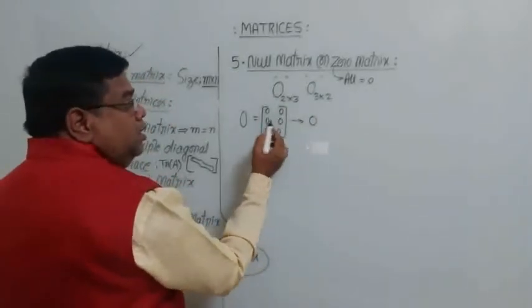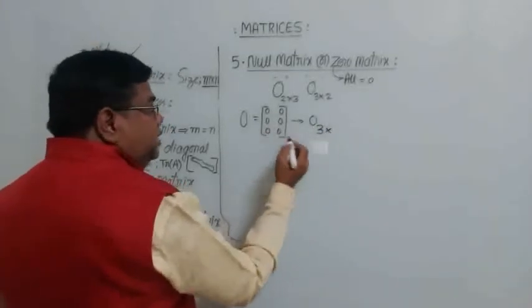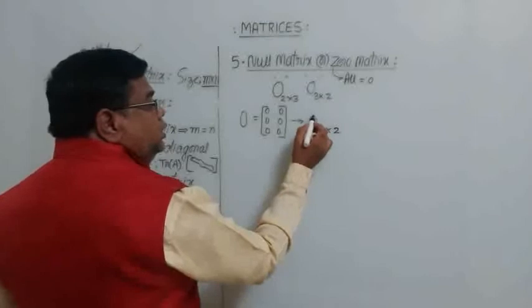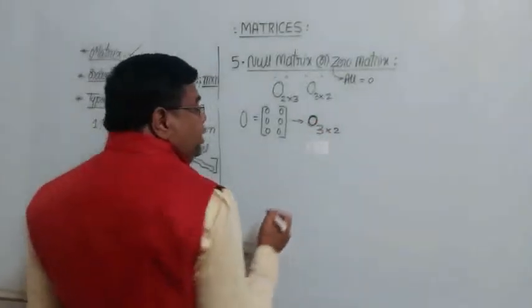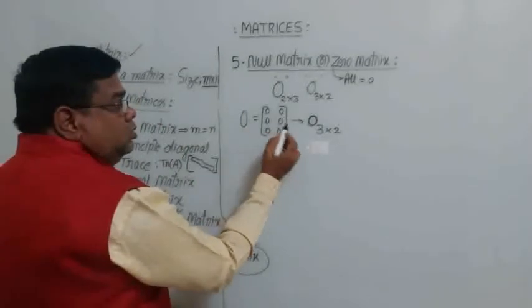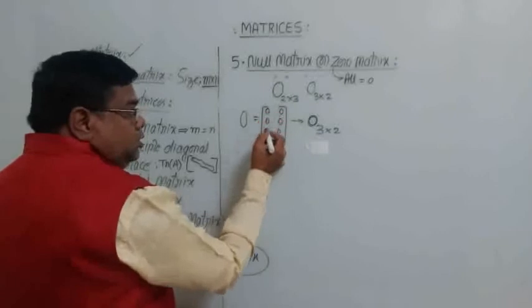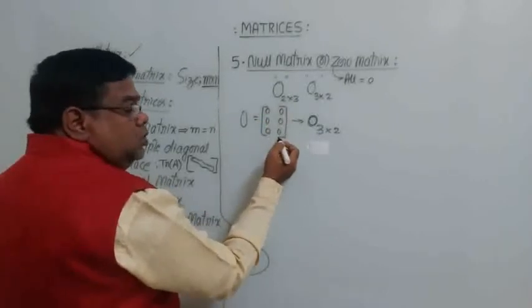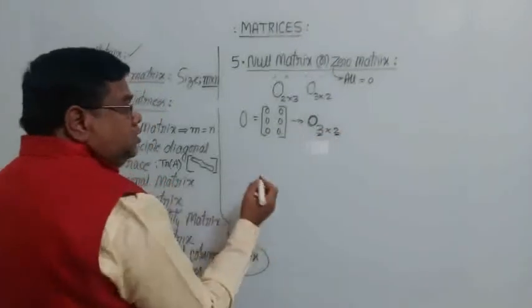How many rows are there? 3 rows. How many columns are there? 2 columns. It is denoted by capital O, of order 3 by 2. These are the rows, 1, 2, 3, and these are the columns. First you have to write down the rows, then the columns: rows by columns.